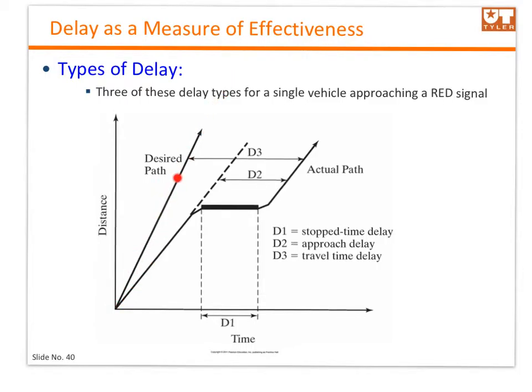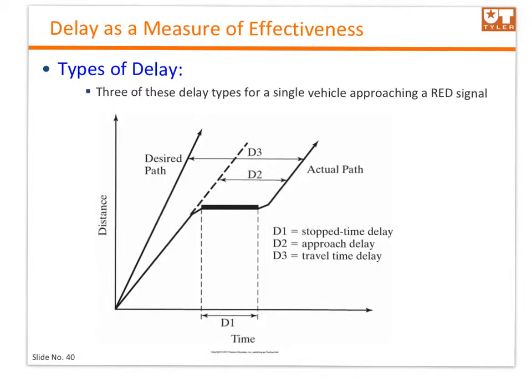So this is the desired path. The slope of this line is distance over time, and that is the speed.